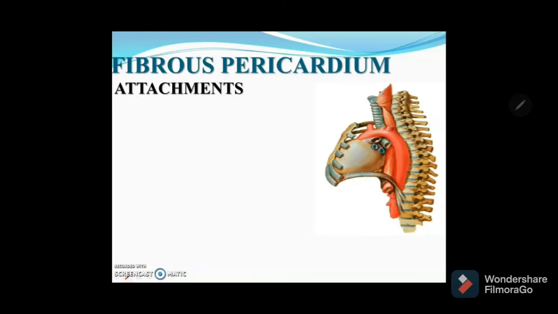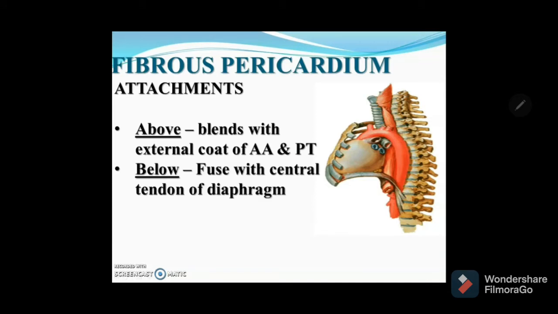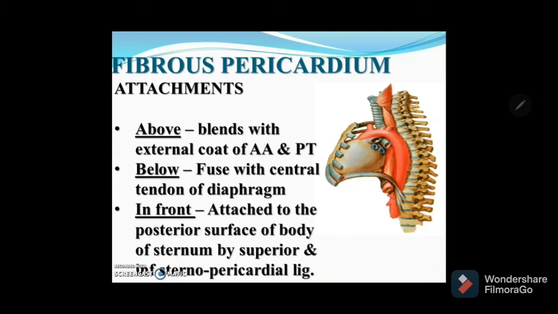Coming to the attachments of the fibrous pericardium, above anteriorly you can see the bony parts there. Above it blends with the external coat or tunica adventitia of the ascending aorta and pulmonary trunk. Below it fuses with the central tendon of the diaphragm. In front it is attached to the posterior surface of the body of the sternum by superior and inferior sternopericardial ligaments.